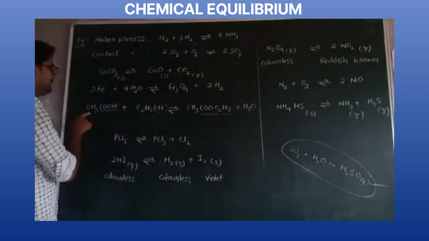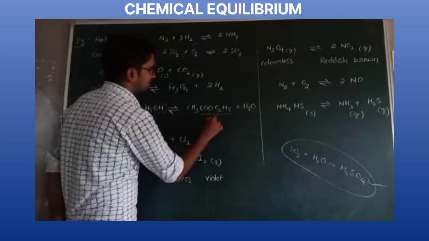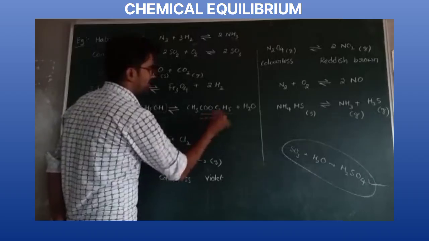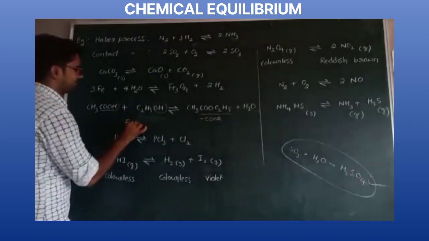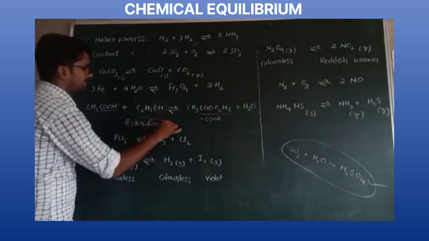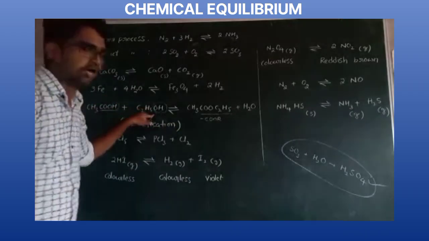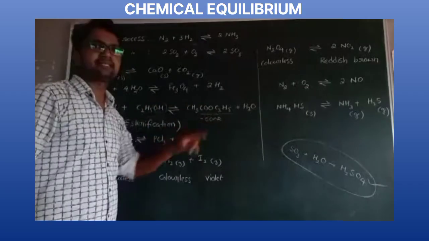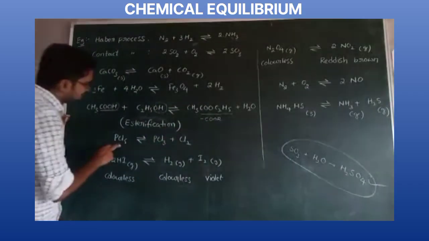The remaining term CH3COOC2H5 looks like the COOR model, meaning ester. This is called esterification. Do you understand? When carboxylic acid reacts with alcohol, it gives ester. It is called esterification.